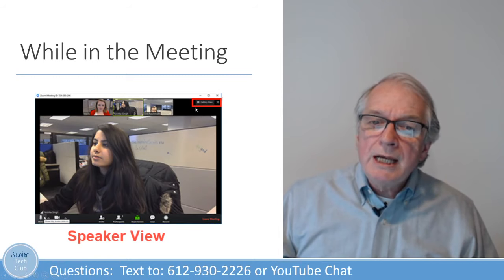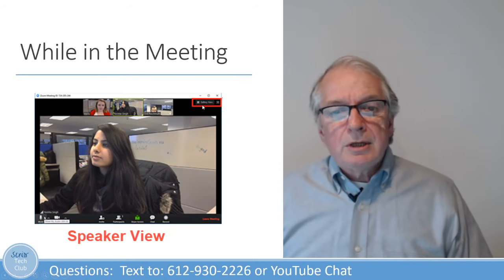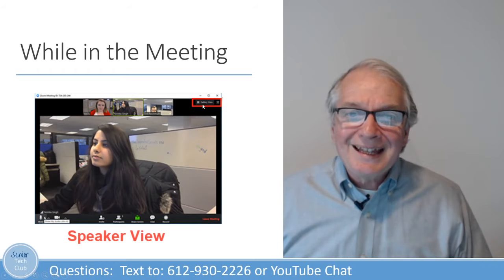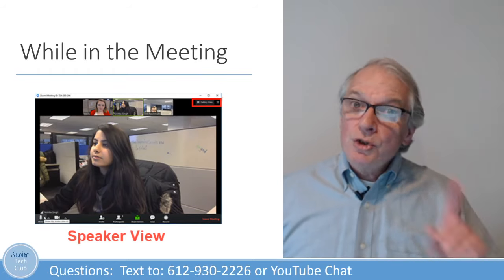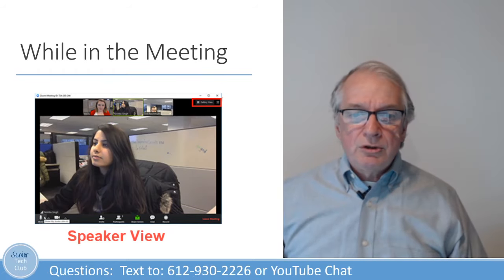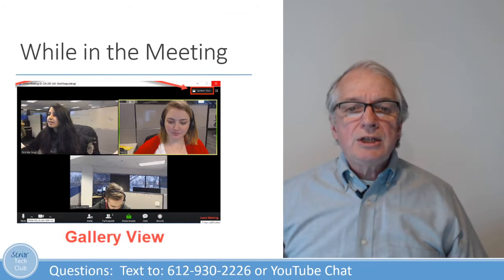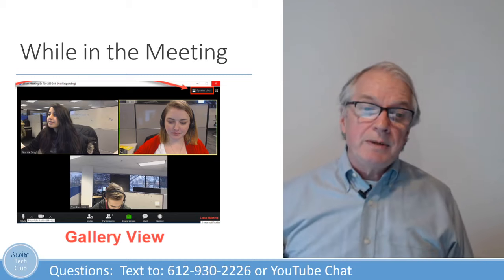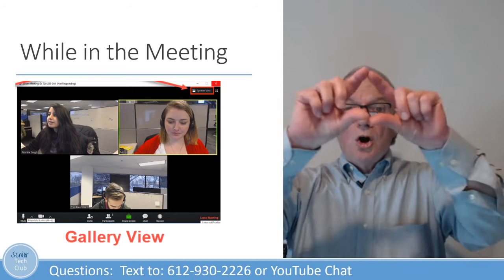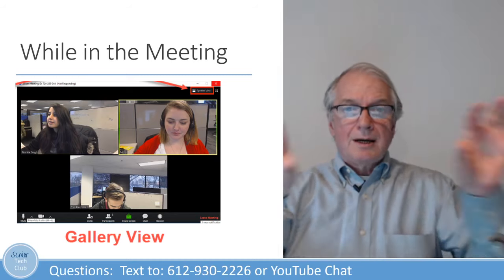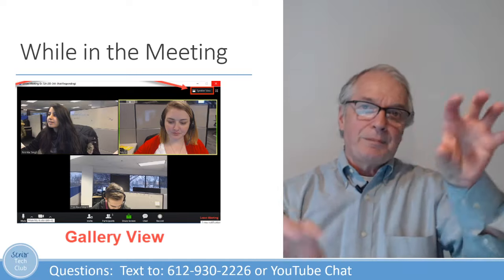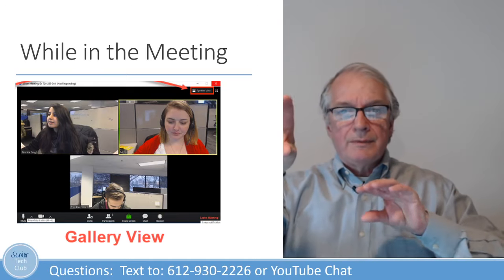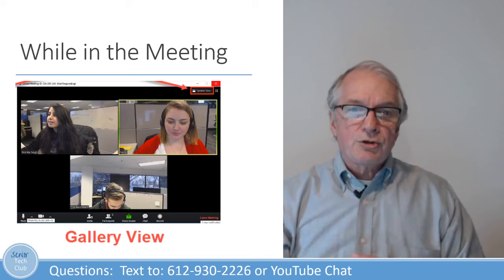Up on the upper right-hand corner of the screen, there is a button that says Gallery View. So you would click on the Gallery View button, and this would take you into the Gallery View. The difference being, in the Gallery View, all of the participants are placed in video images on the screen.